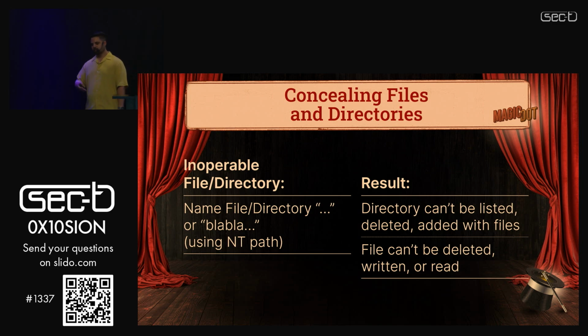So if, for instance, we name a file "blah blah...", and there is no file called "blah blah" in that same directory, then no one can read that file, no one can write into it, no one can delete it, and that is true for directories as well.